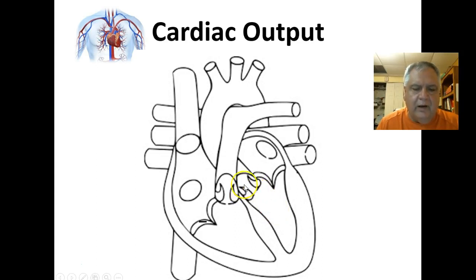Stroke volume would be higher if the pressure is only 80 millimeters of mercury, because that valve is going to open sooner, so more blood will be able to be ejected. So I hope that makes sense to everybody on how the afterload affects the stroke volume, the amount of blood that's pumped out per beat.